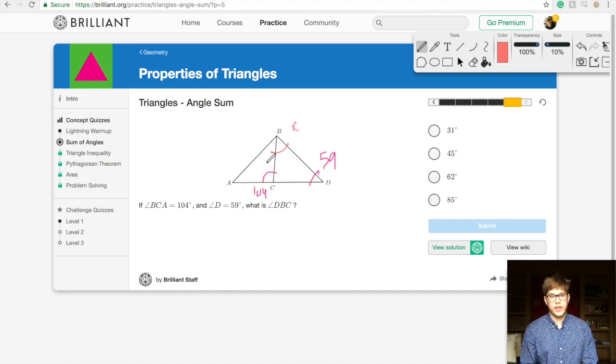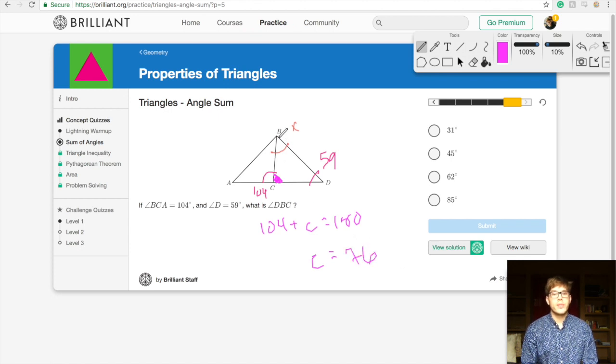Well, how can we solve this? This one is fairly straightforward, especially after we did those previous ones. This other angle here must combine with the 104 to form 180, right? 104 plus our missing angle C equals 180. So our angle C must equal 76.